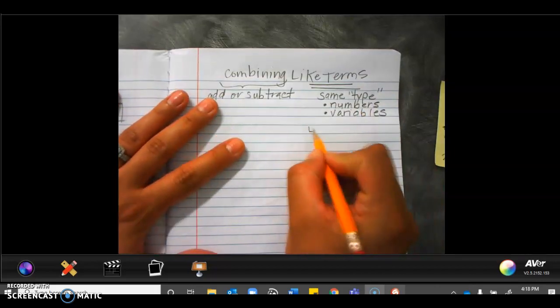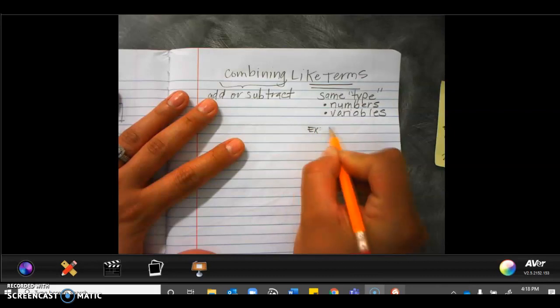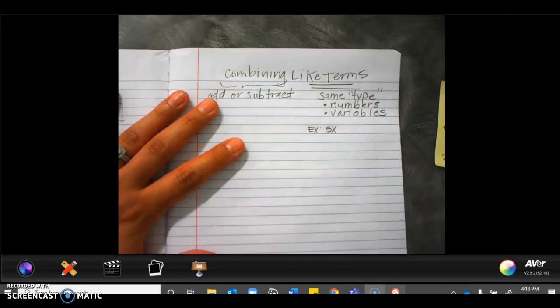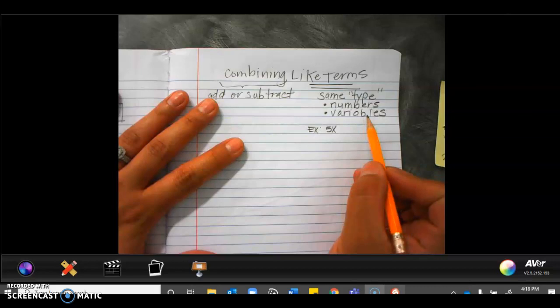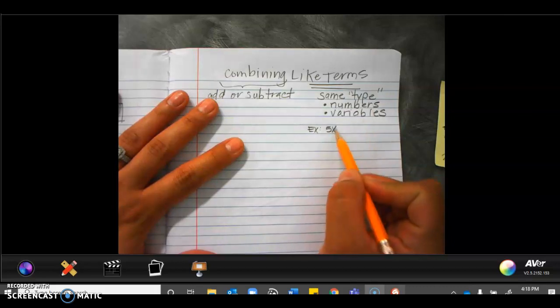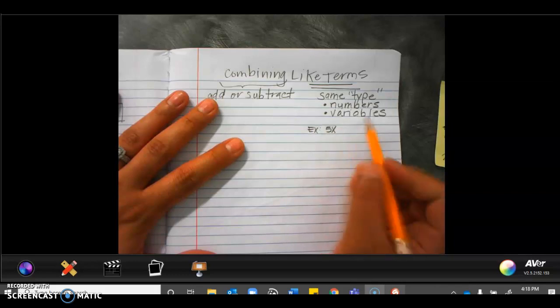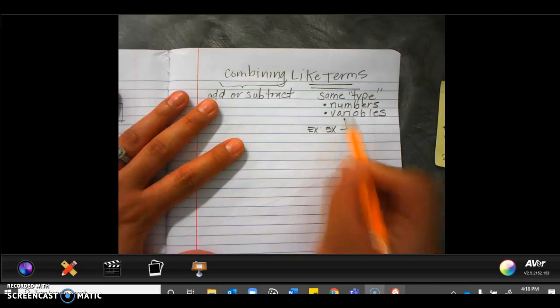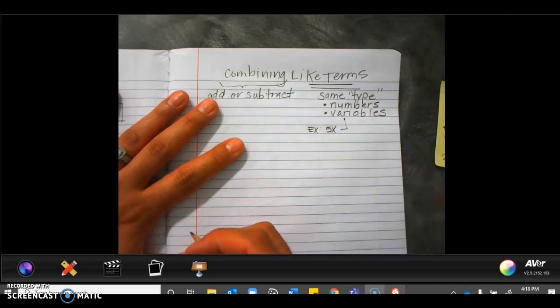For example, if you see 5x, this one looks deceiving because it has a number and a variable. Well, this would technically fall under the variables category because this number 5 tells me how many x's I have. So this 5x would really be under my variables section.